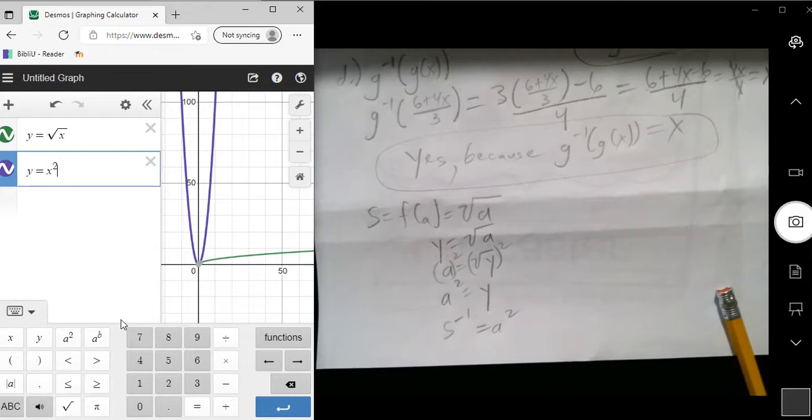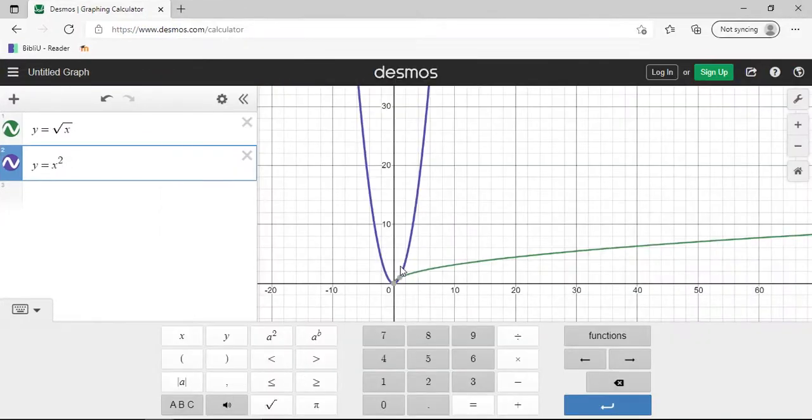Now, I want you to look at this. This actually does not, well, let me expand this out. Okay, this actually does not look like inverses of each other because this is a parabola.